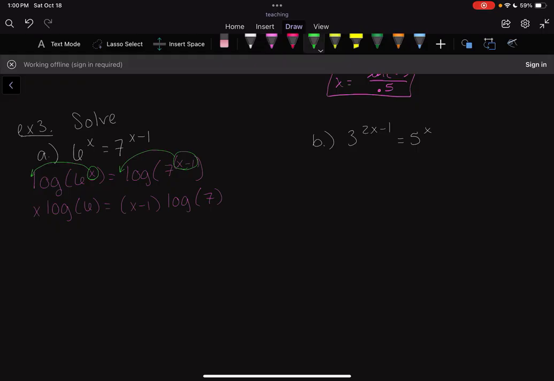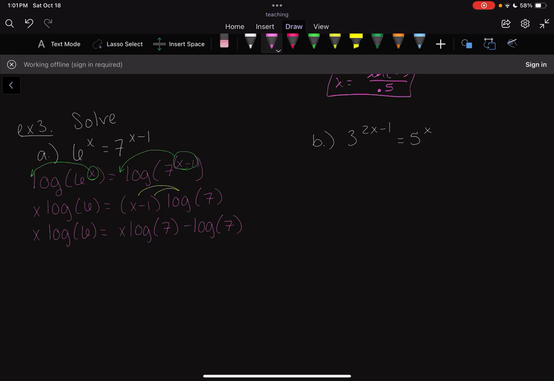Now I can distribute this side. I'm going to distribute because I want to get the x's on one side, but right now that x is trapped inside the parentheses. So I've got to distribute. Now, like I said, we're trying to get our x's on one side because that's how we solve for a variable.